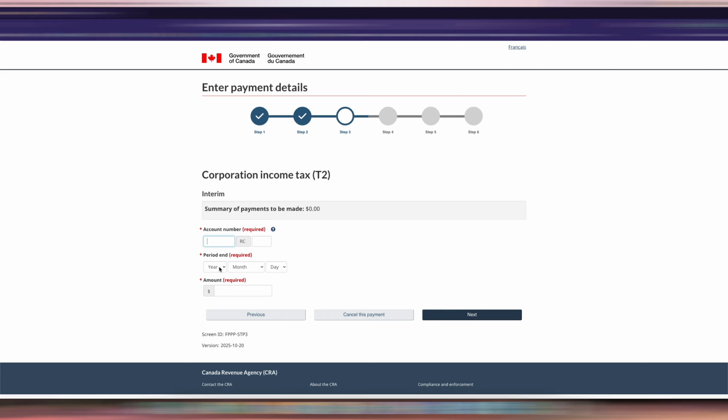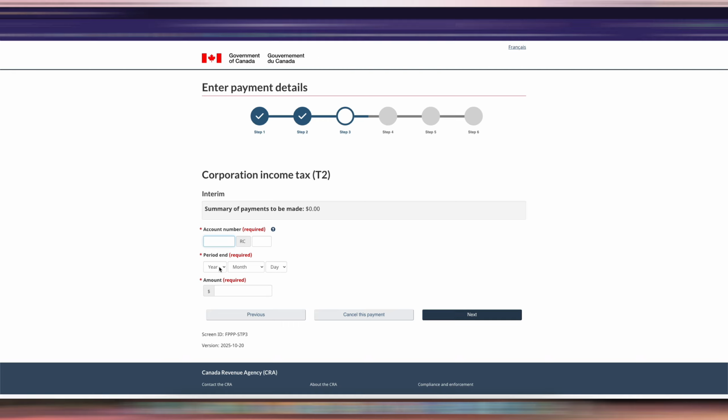Really, the most important thing is the account number. As long as you put in the correct CRA number for your corporate tax, it doesn't really matter if you click interim or balance due. It all goes to the same place. And again, even if you make a mistake with the year, you are able to transfer that. Just log into your CRA My Business account and you can make the transfer.